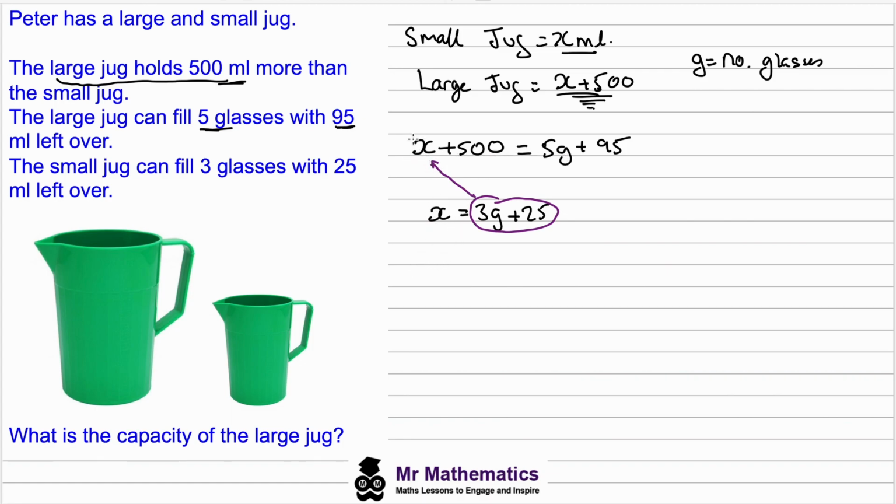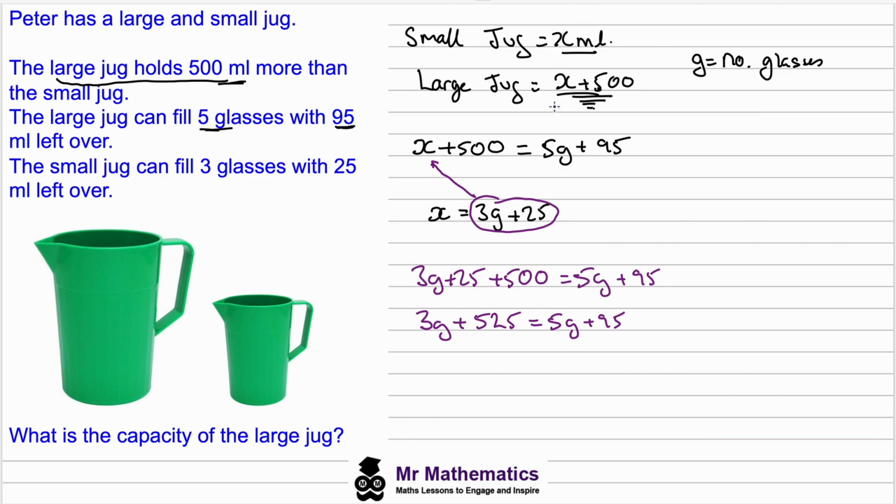So if we say this X, 3G plus 25, plus the 500 will equal 5G plus 95. Well, we can solve this equation by collecting these two constants together. So 3G plus 525 will equal 5G plus 95.